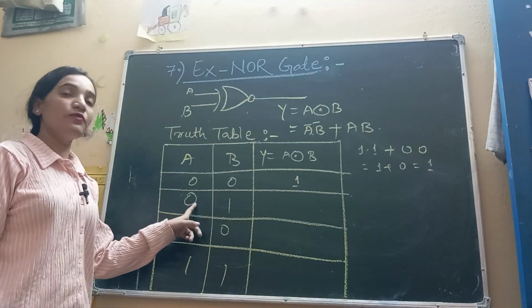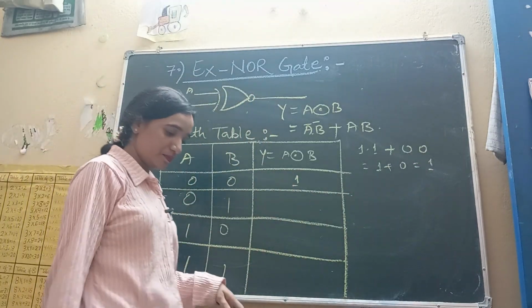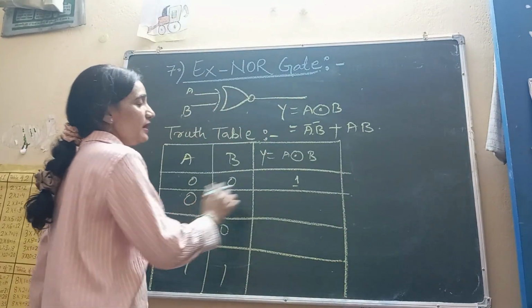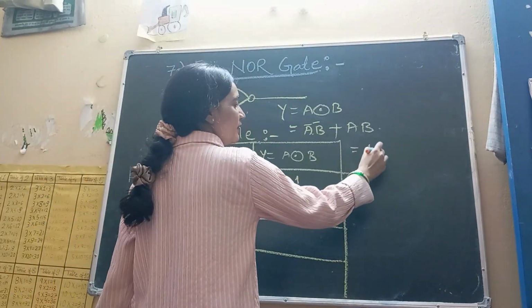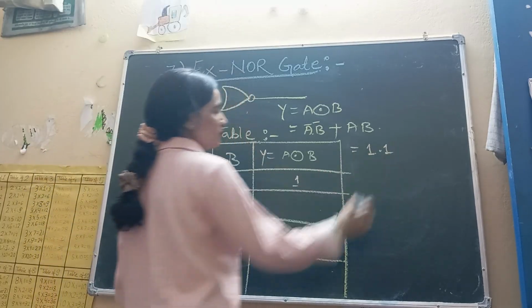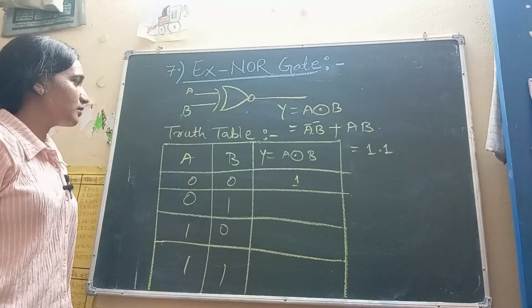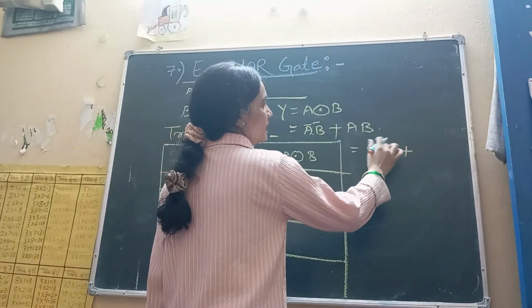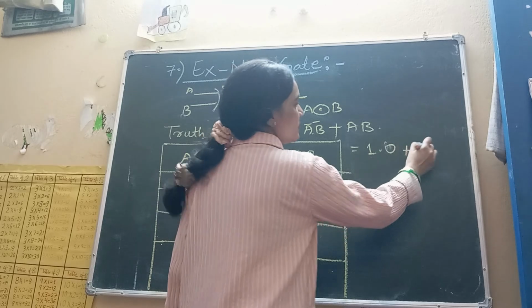Okay. Now for the different input, A is 0, A bar is 1, B is 1, B bar is 0.